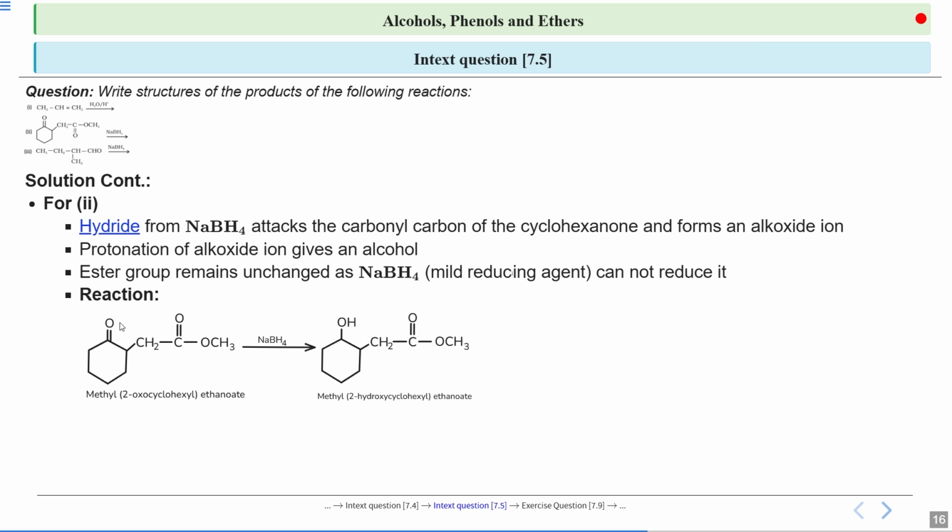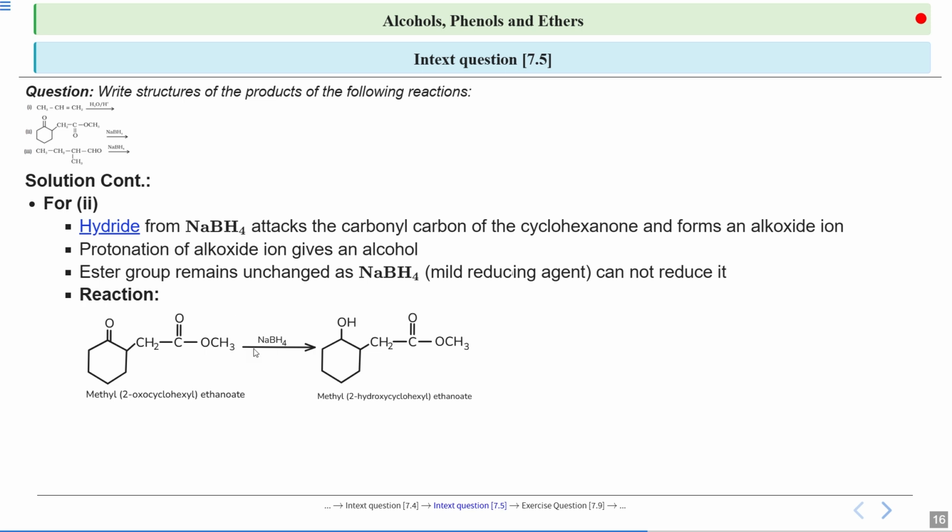So an alkoxide ion will be formed. That is, to this ring, an O minus group is attached. And then your H plus will attack on this O minus and you will get an OH group over here.